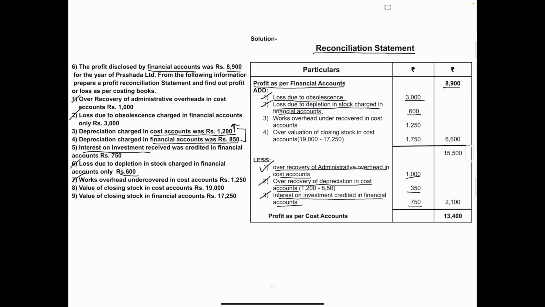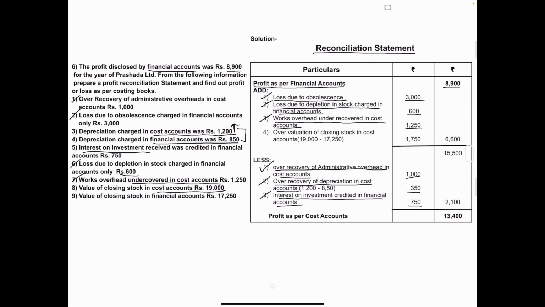Works overhead under recovered in cost accounts rupees 1,250. This amount is to be added. So write number 3, works overhead under recovered in cost accounts, amount 1,250.